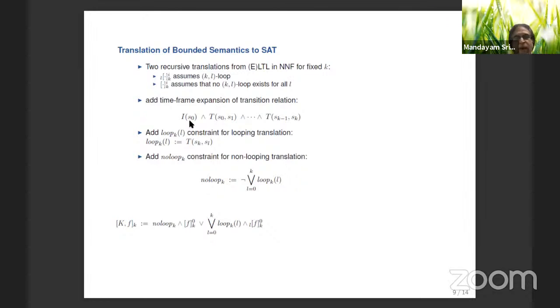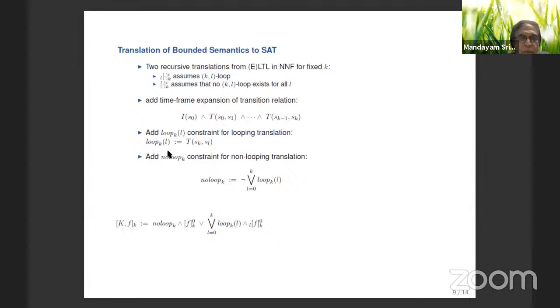The other part is what I call the property translation part, described by this funny looking notation that I have introduced. As I pointed out, there is one translation for the non-looping K prefix path, and one for the looping part.